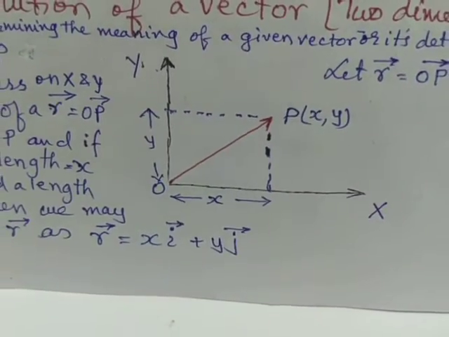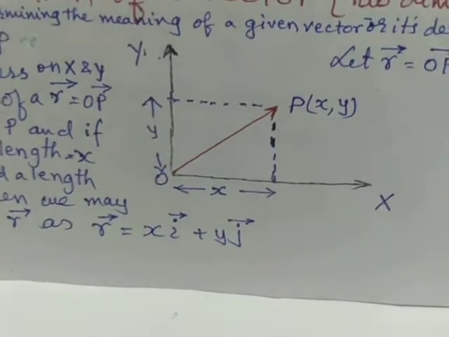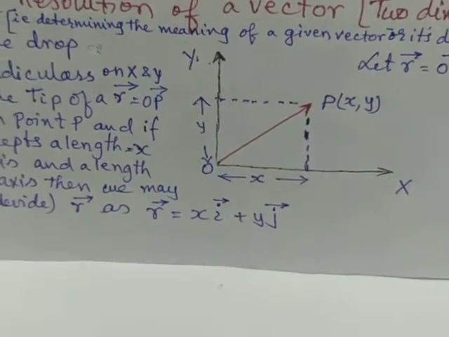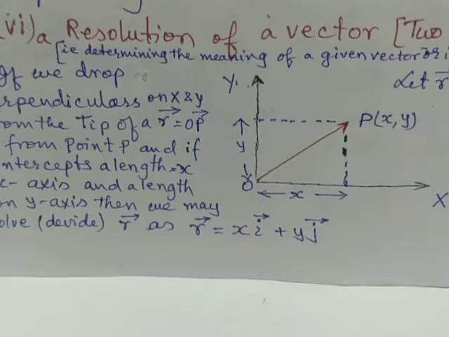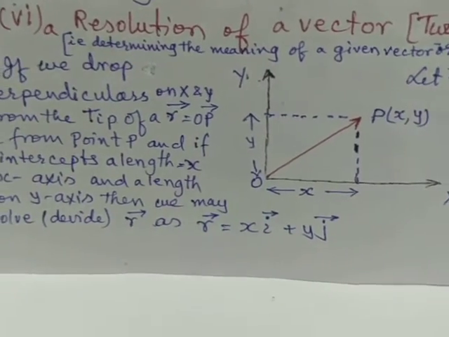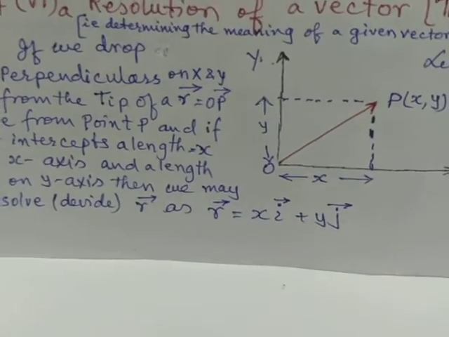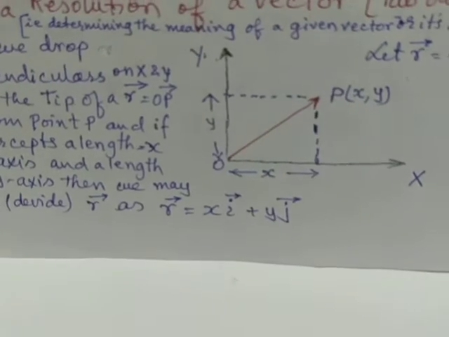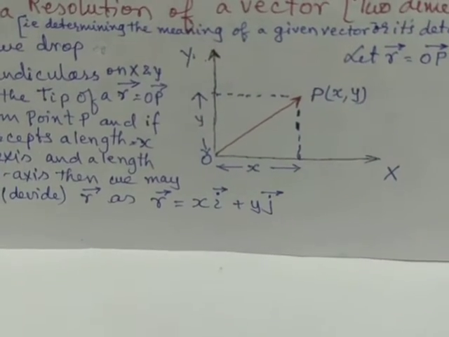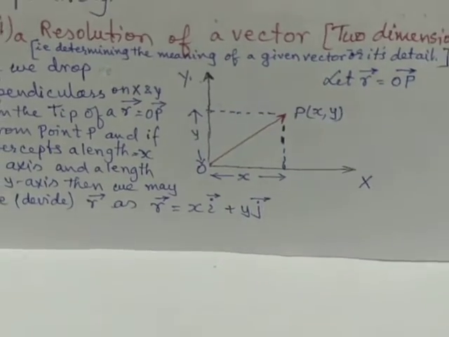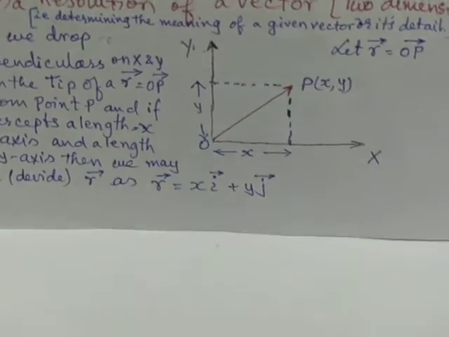The length intercepted by the vector on the x-axis is taken as x, and the length intercepted on the y-axis by vector OP is taken as y, then vector r, that is vector OP, will be equal to xi plus yj. We have considered this a two-dimensional case.